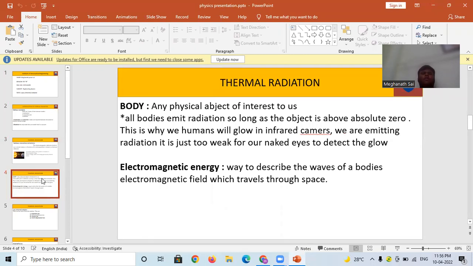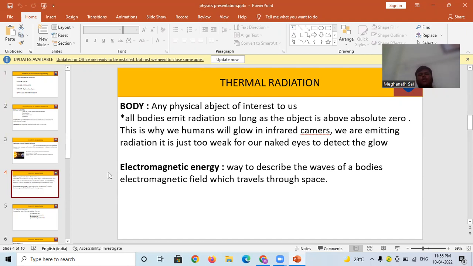Body. Any physical object of interest to us. All bodies emit radiation so long as the object is above absolute zero. This is why we humans glow in infrared cameras. We are emitting radiation. It is just too weak for our naked eyes to detect the glow.